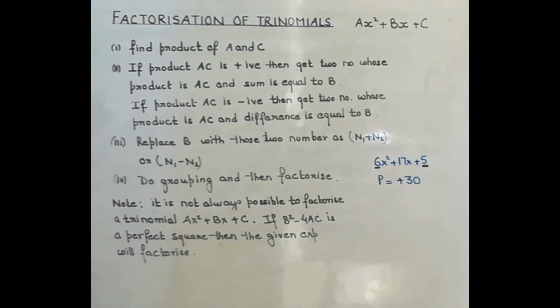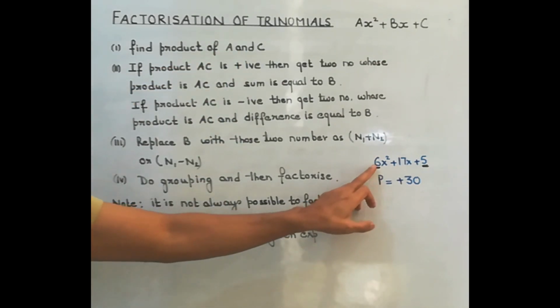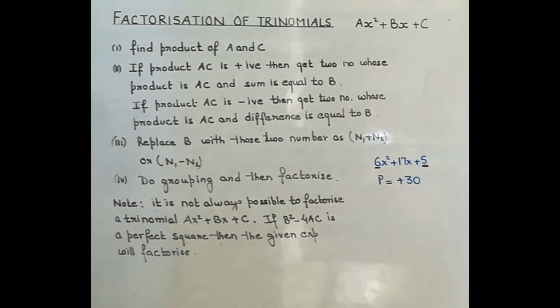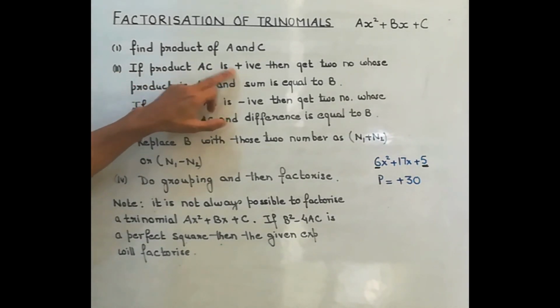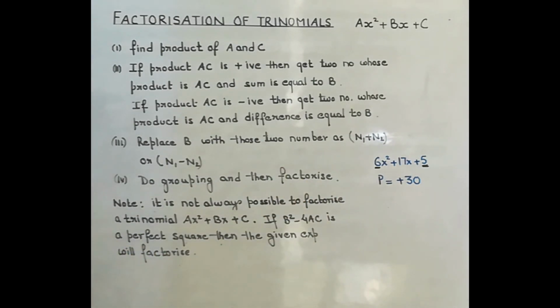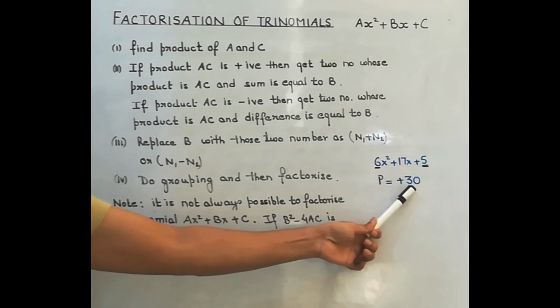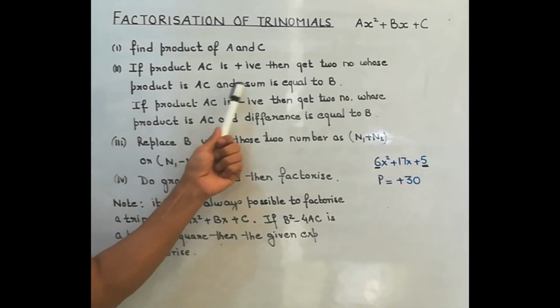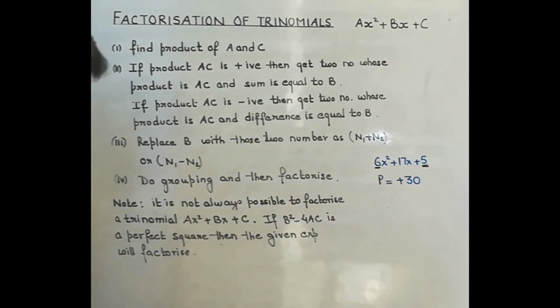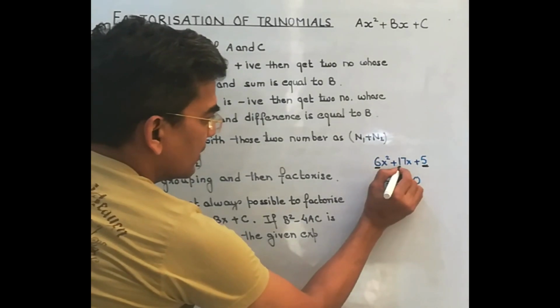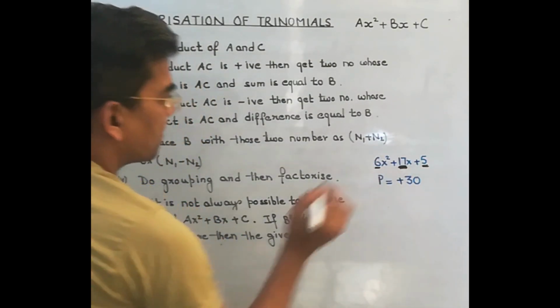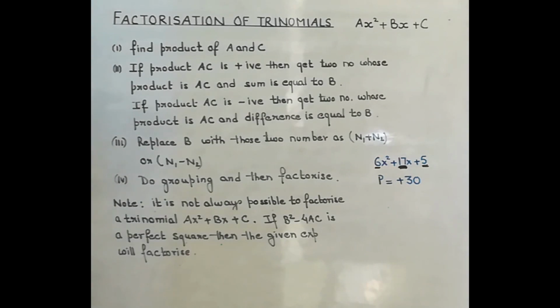So we have got the product. First step says find the product of A and C, and we have got the product of A and C as plus 30. Now the second step says that if product is positive, so we have got the product positive, then you are going to get two numbers whose product will be AC, means whose product will be 30, and their sum will be equal to B. And in this question, this is our B. See this rule, second one.